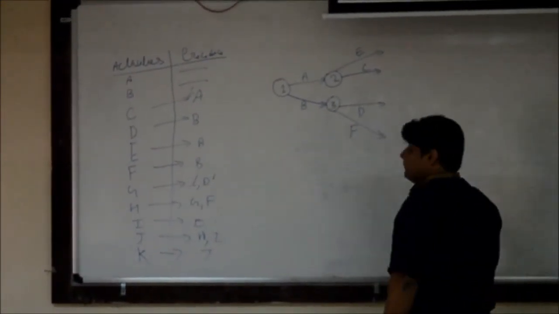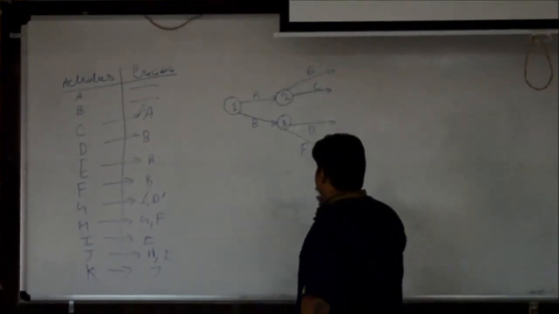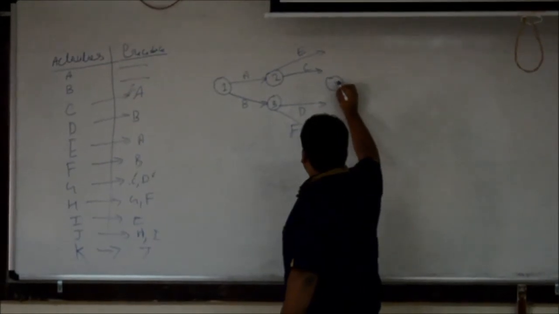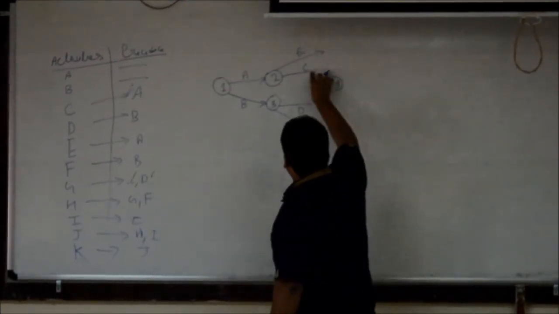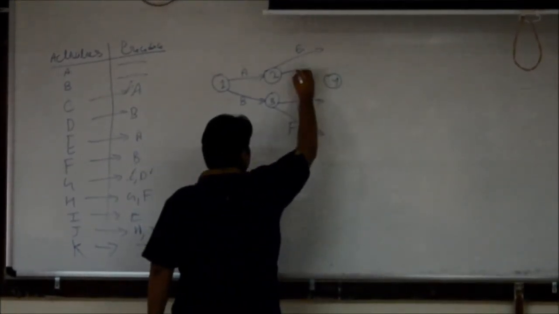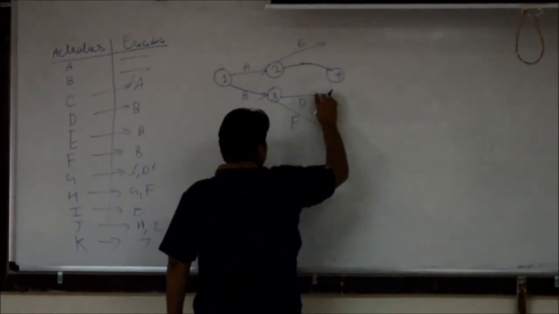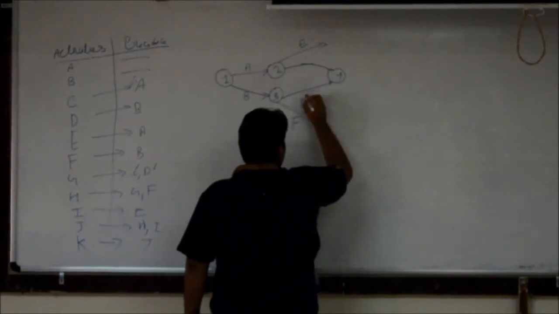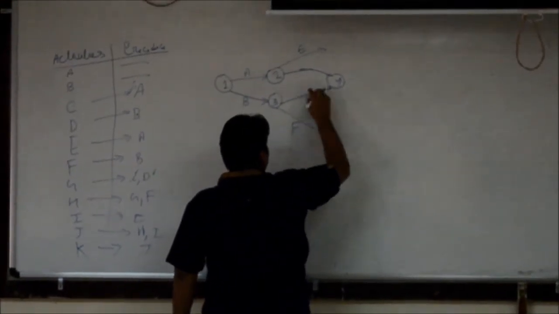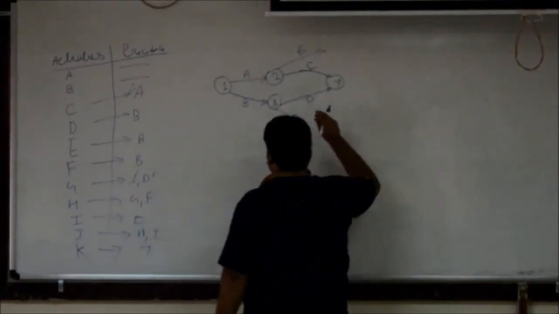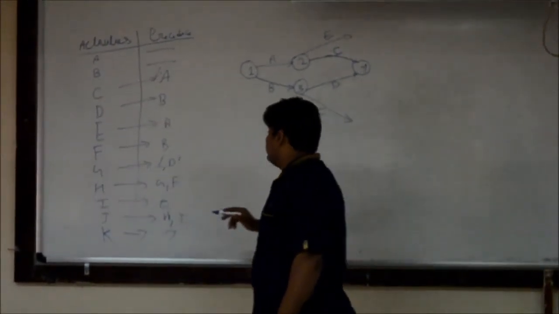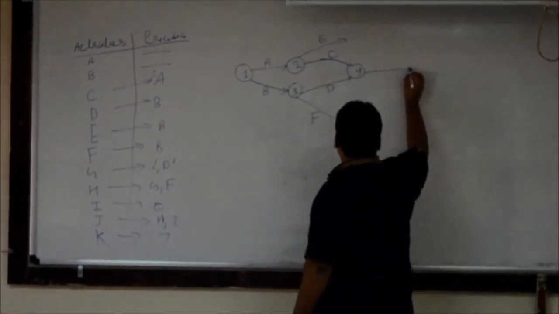So we need to make an event before which activities C and D are completed. We will name this event 4. So we will connect event 4 with activity D and activity C. This is event 4, after which G occurs.